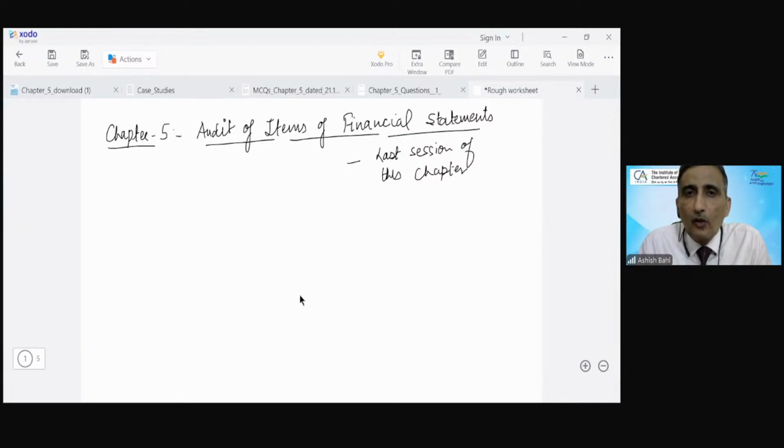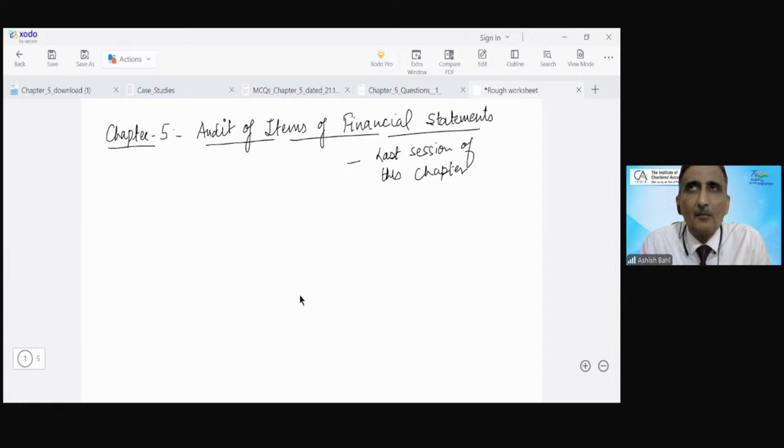So what would be various assertions regarding cash and cash equivalents?